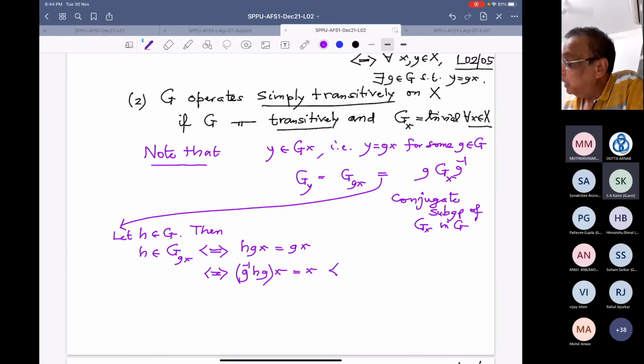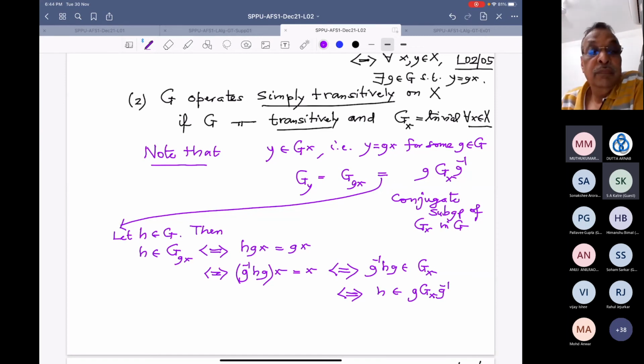And this is equivalent to saying g inverse hg belongs to Gx. But this is equivalent to saying h belongs to g Gx g inverse. So it's only a one line proof.